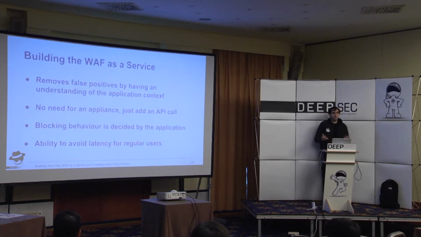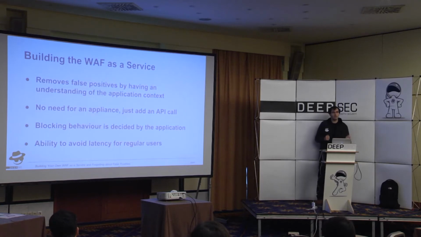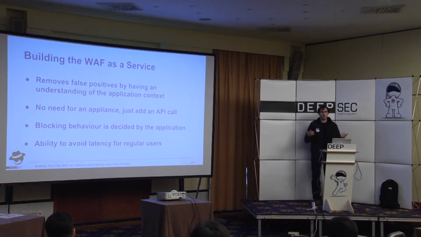So I ended up with this approach of building the WAF as a service, which I will go into in detail, but basically looking into these different problems and solving them. For example, the false positive rate: instead of treating each event as a single event to consider, getting the context around each event to be able to decide if you want to block it or not.